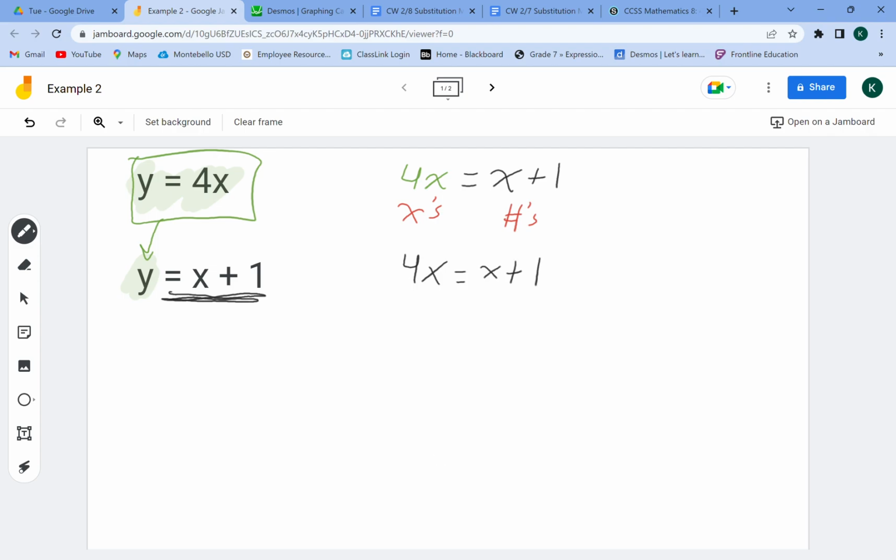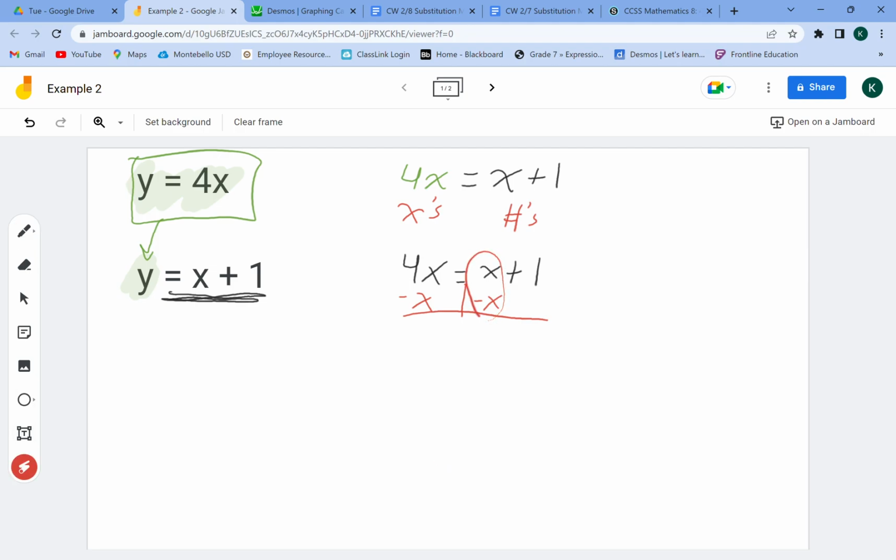Now that I have a plan, I want to move this x, so I have to add or subtract something so it becomes 0. I'm going to subtract an x on the right side, and I subtract the x on the left side to keep it balanced.